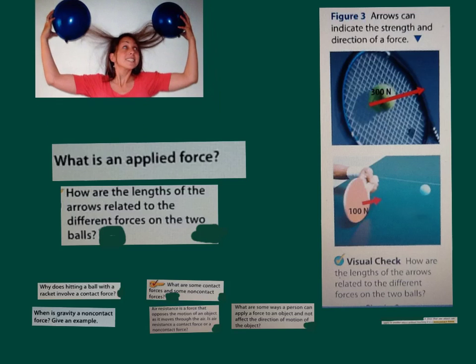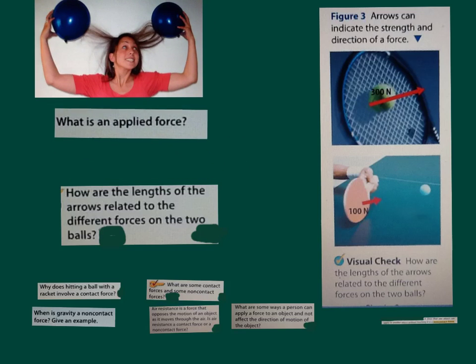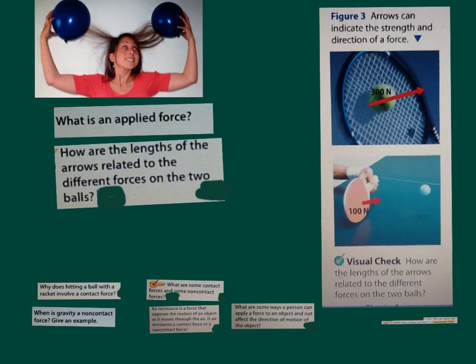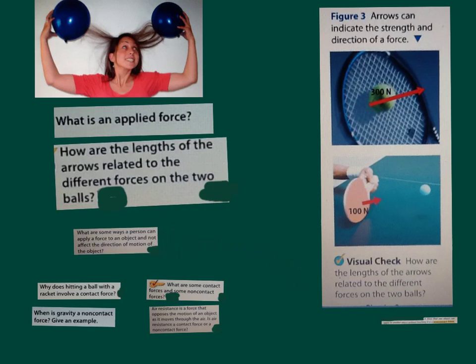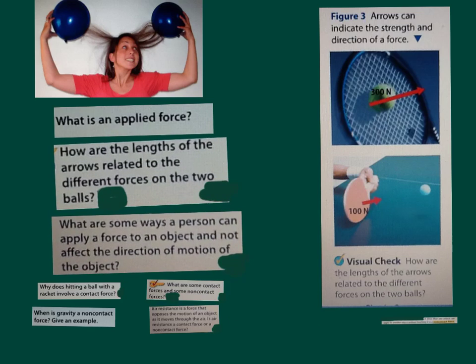That's this one here, referring to this picture and this picture. The last one I want you to look at, and I'll move these up a little bit, give us some room: what are some ways a person can apply a force to an object and not affect the direction of motion of that object? We talked about this one a few minutes ago. Write all 3 of those questions down and answer them, please.